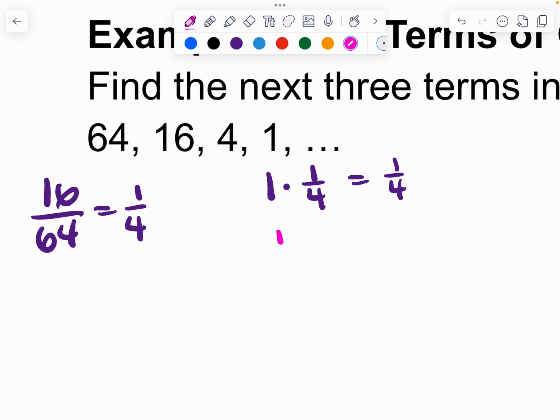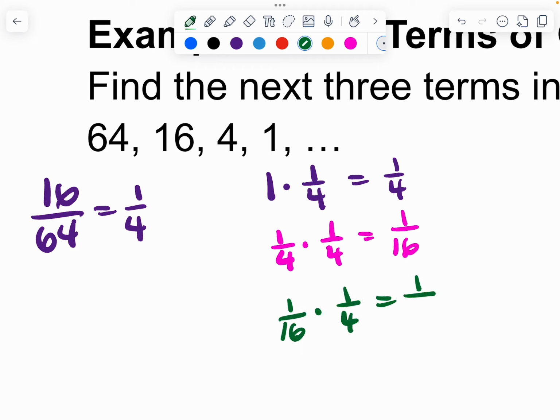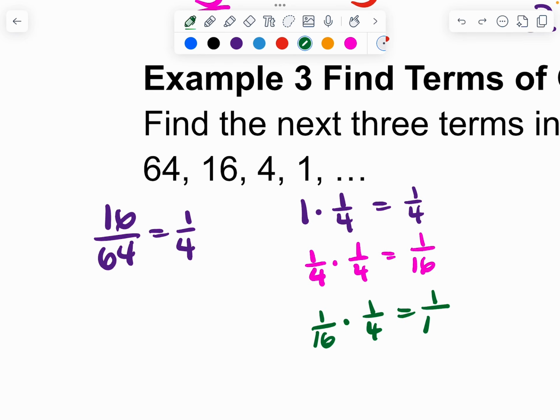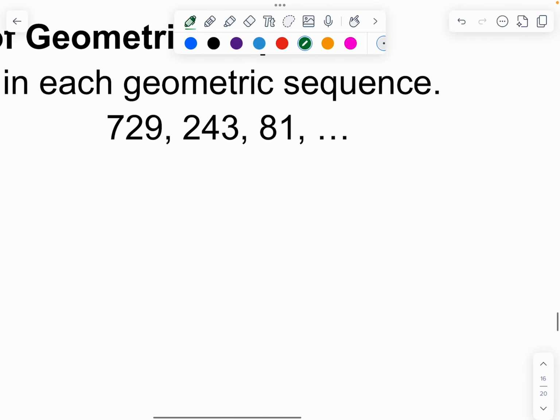Then I take 1/4 and multiply it by 1/4, and I get 1/16. And then I take 1/16 and multiply that by 1/4. So those are my next 3 terms.